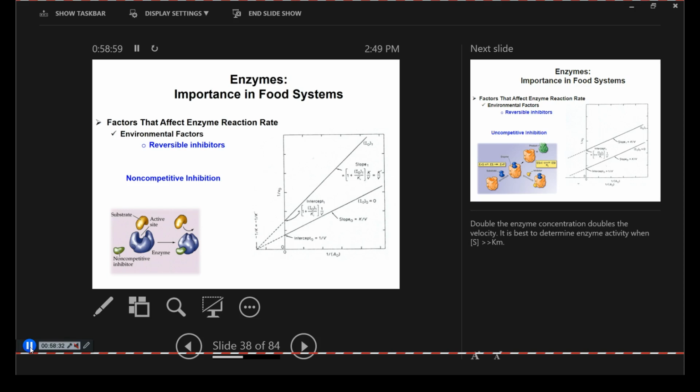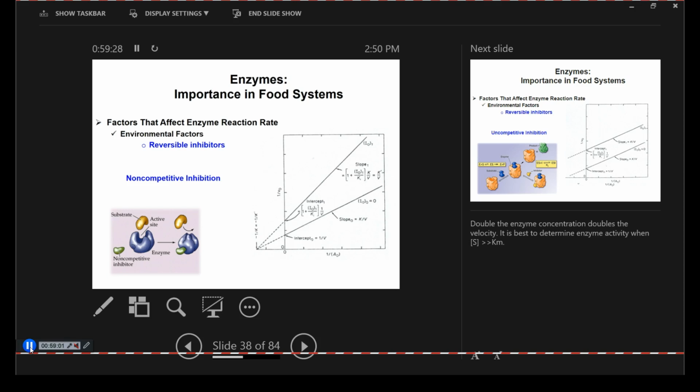Non-competitive inhibition. In this case, your inhibitor is not competing for the active site. So it does not have a similar structure to the substrate. In this case, it binds at a different spot on the enzyme and results in a change in the active site, and this will make it so the substrate can't bind anymore.